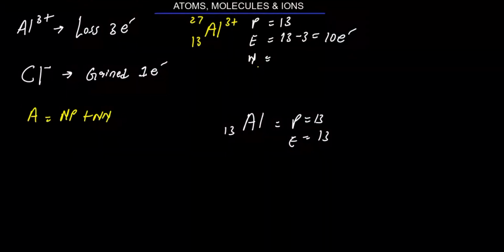So to get the number of neutrons, I will say the mass number minus the number of protons. That is 27 minus 13, which gives me 14 neutrons. And that is it. The major thing here is to find the proton and the electron. Let's look at another example.